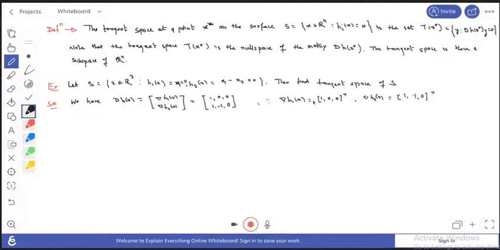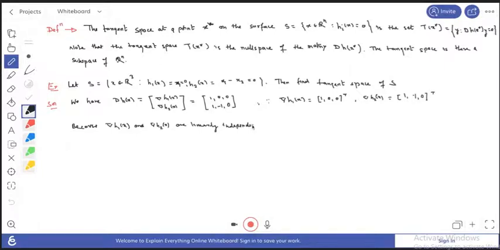Here you look: the gradient of h1 and gradient of h2 are linearly independent.